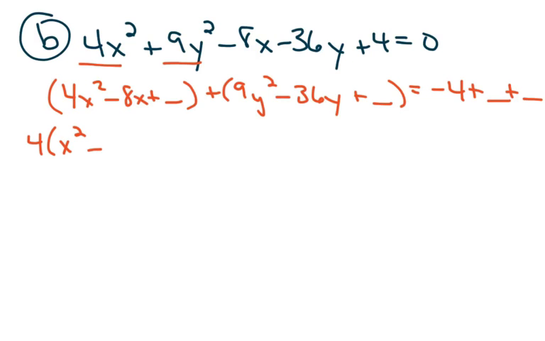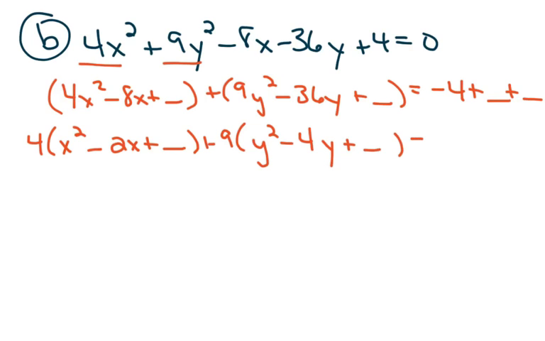So we start by factoring out a 4 from the first parentheses and a 9 from the second parentheses. And that's going to change the numbers that get plugged into the right-hand side.